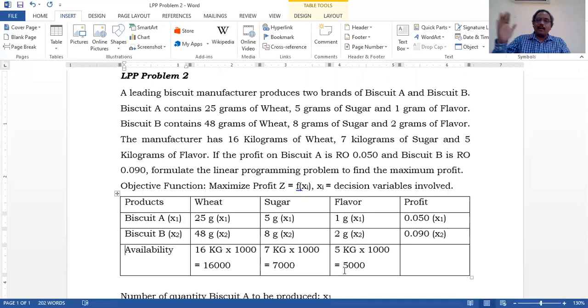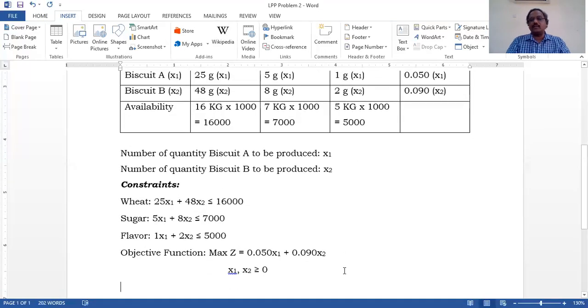Parallel to the products, you are going to take the profit, and then form the equations. Then formulate the linear programming problem. Understand the idea? So this is again next level. In the next video, we will discuss an advanced level problem, the next model problem.